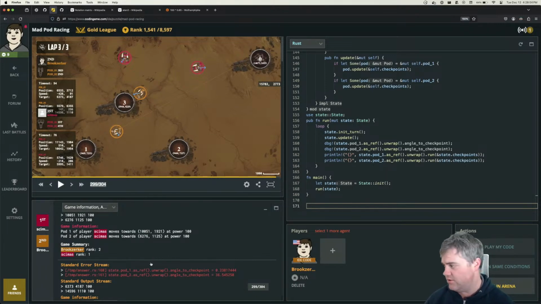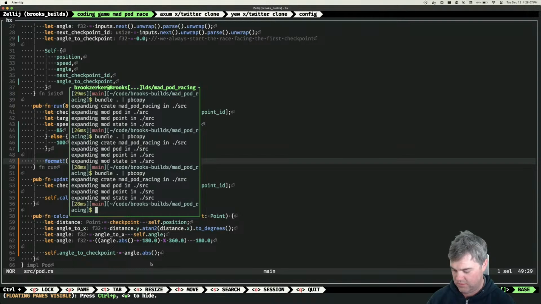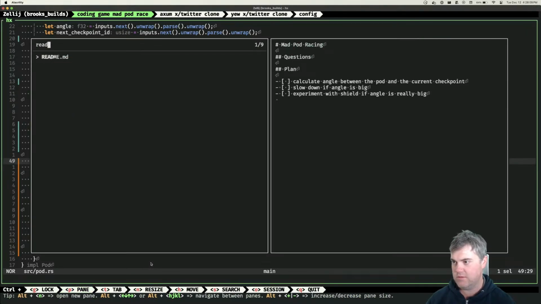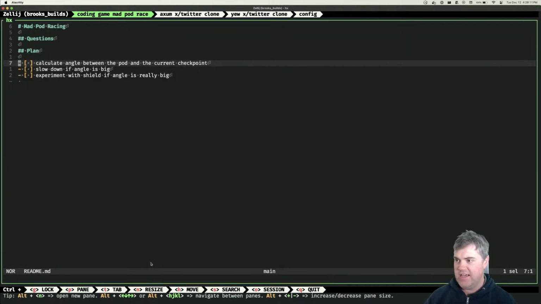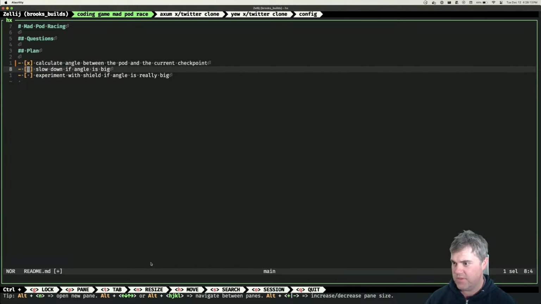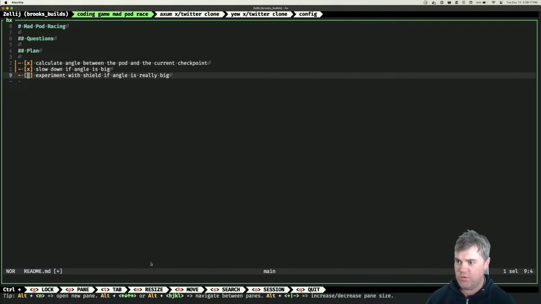Okay, so we've done this. We've slowed down if the angle is too big. I don't think I need to experiment with the angle if it's really big.